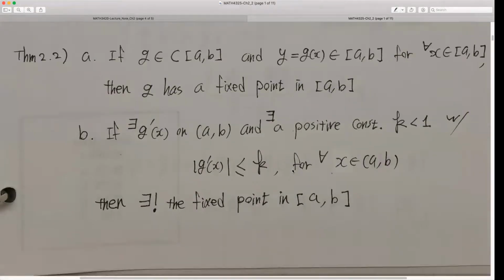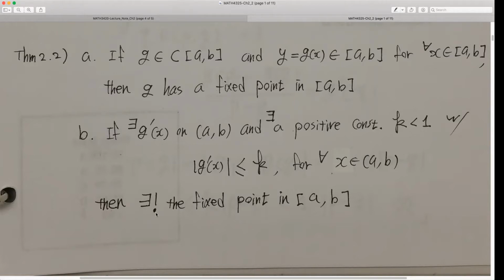Now the second statement of theorem 2.2: if the derivative of g exists on the open interval a, b, and there exists a positive constant k less than 1, meaning k is between 0 and 1, such that the absolute value of the derivative of g is bounded by k for all x, then there exists a unique fixed point in the closed interval a, b.